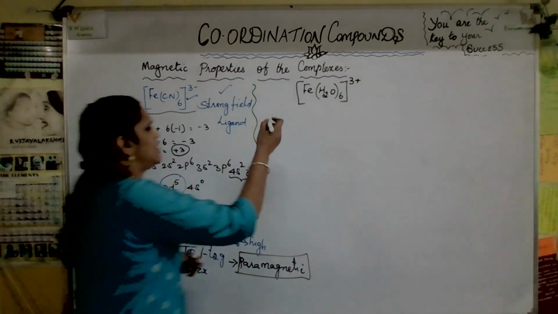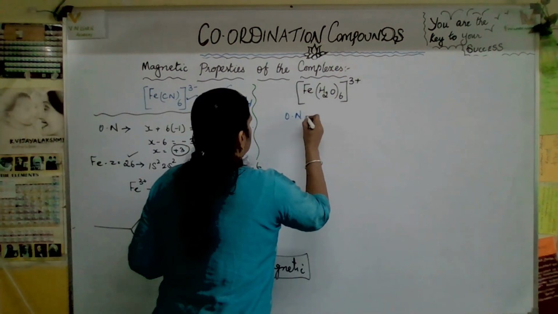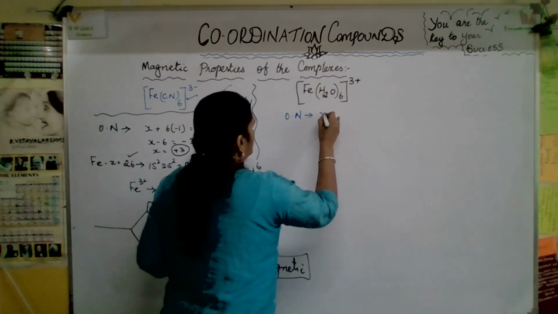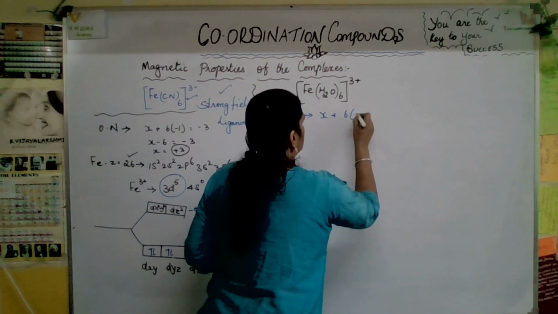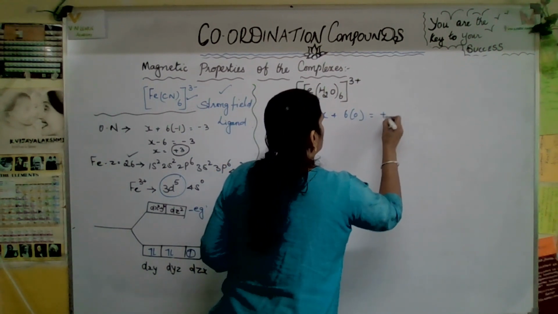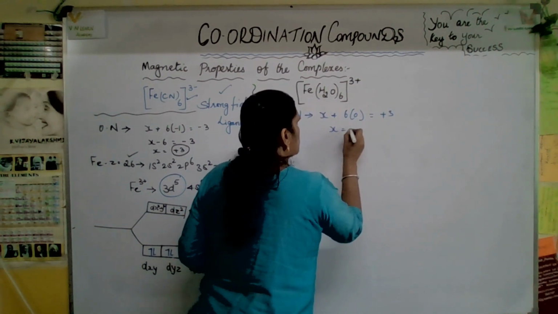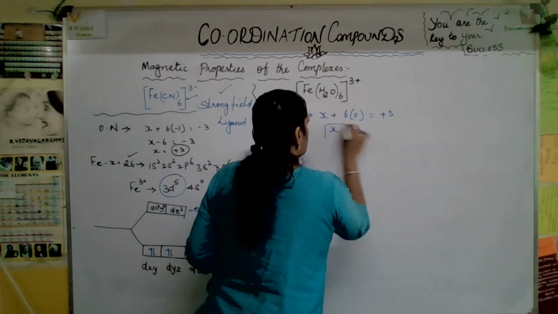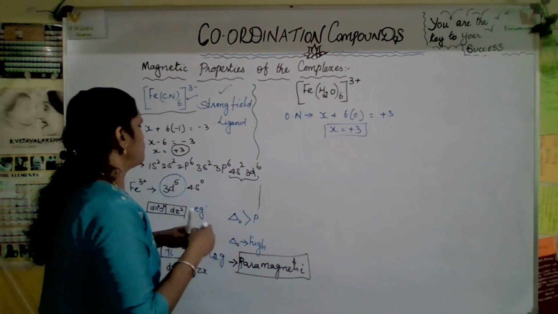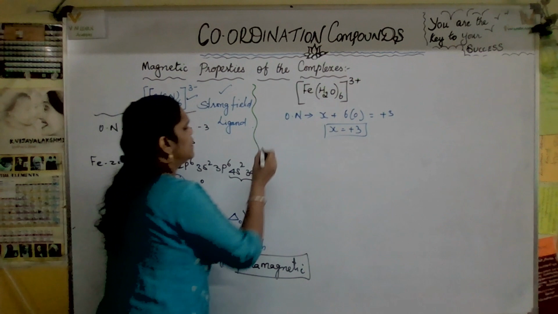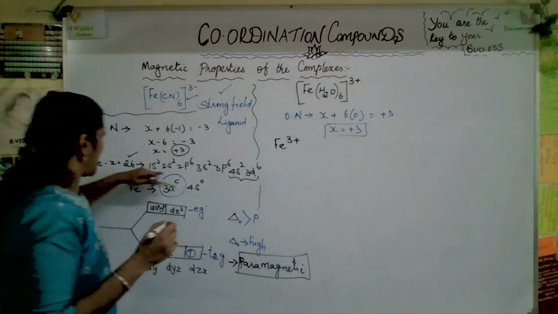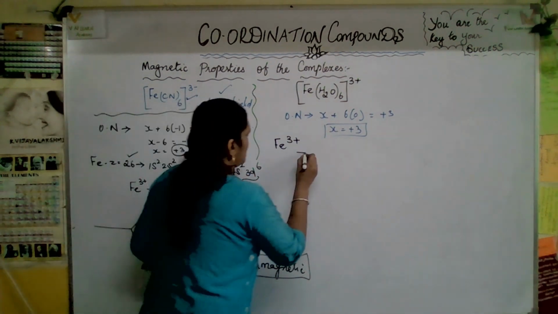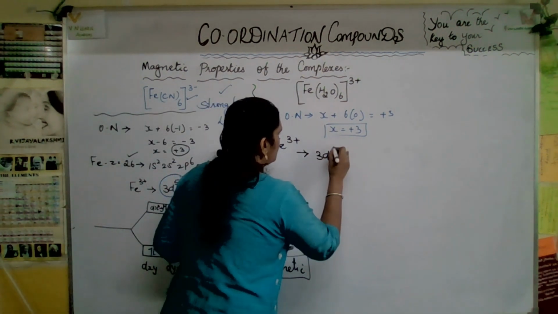The next one, oxidation number of central metal ion: x + 6 × 0 = +3. Of course, x is equal to +3 oxidation state. Okay. Now the same way here, Fe3+. So definitely same number only, so we can write it directly, 3d5.